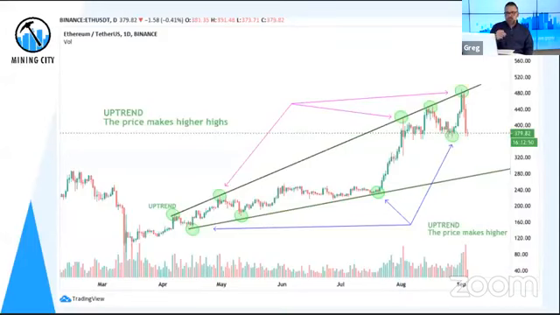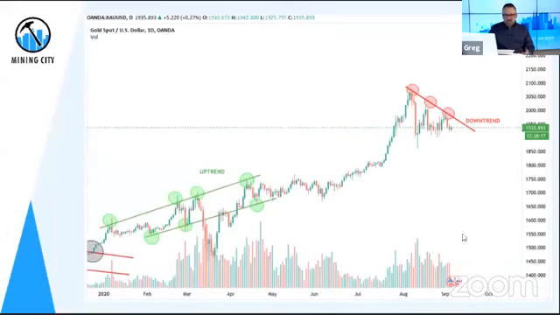You see, trends are like waves. They go up and down. It's like climbing a hill or a mountain. We can climb up, rest a little, and then we can continue climbing, or we can go downhill. Similarly, cryptocurrency graphs have three types of trends. The upward trend, like the name suggests, describes the hike in demand, supply, or prices. Likewise, the downward trend shows a decline in demand, supply, or prices.